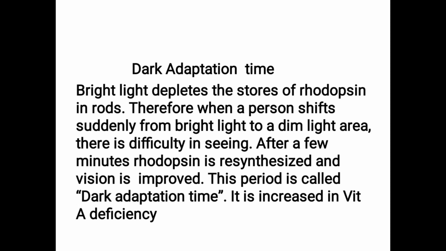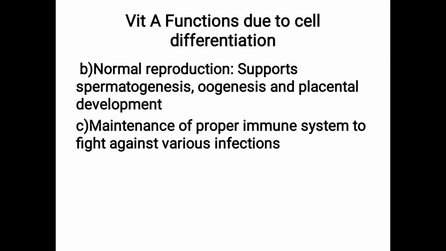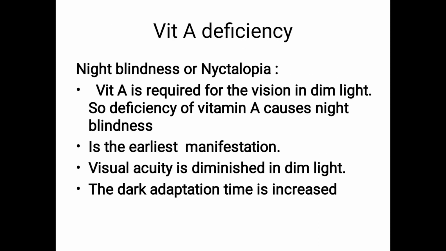Bright light depletes the storage of rhodopsin in rods. Resynthesis of rhodopsin requires a certain time. But this resynthesizing period is prolonged in vitamin A deficient persons. So dark adaptation time is increased in vitamin A deficiency.